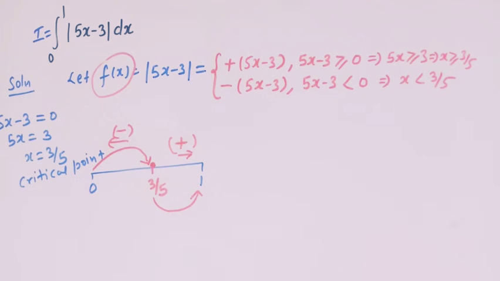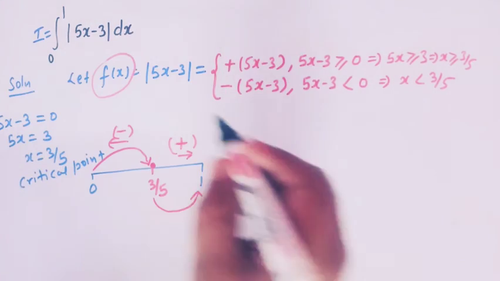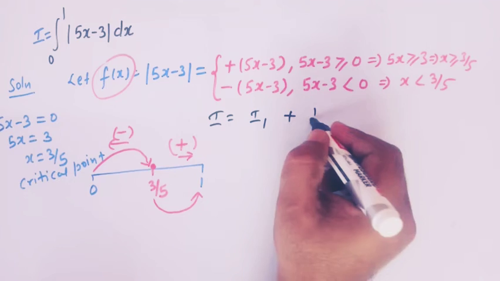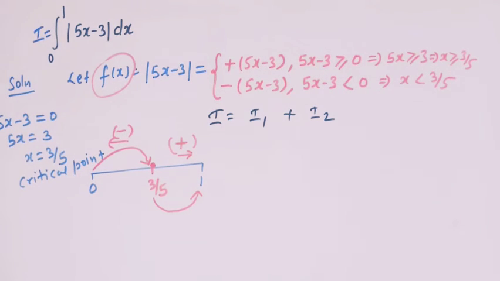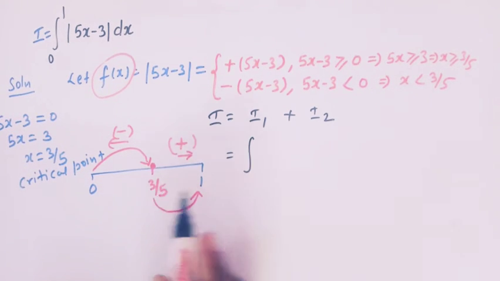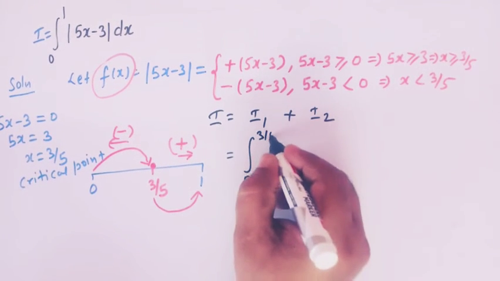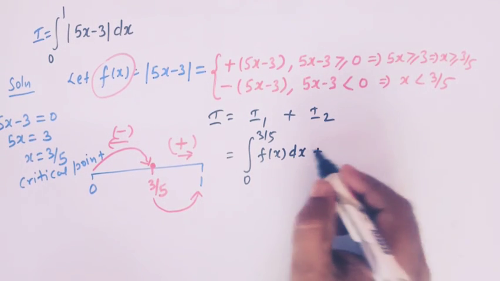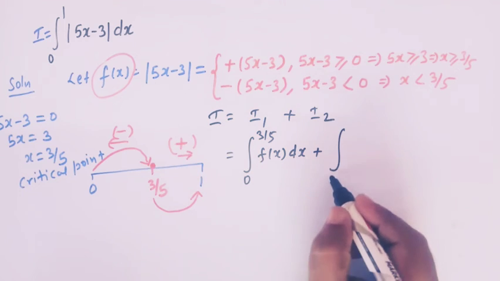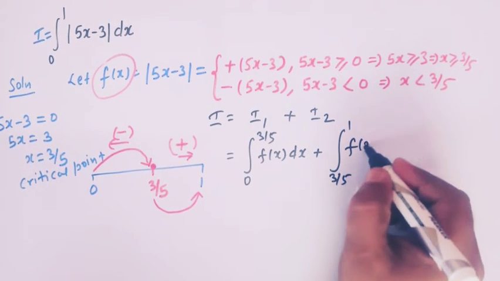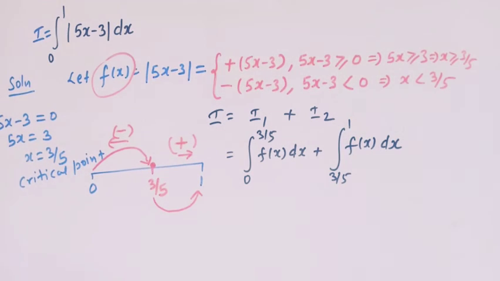Okay, so now we can rewrite this integral I as a sum of two integrals I1 and I2, right? So I1 is from 0 to 3 by 5 f of x dx, and here I2 is from 3 by 5 to 1 f of x dx, right?